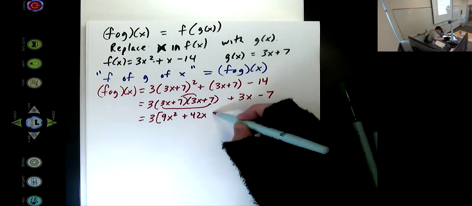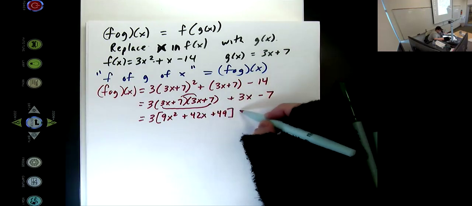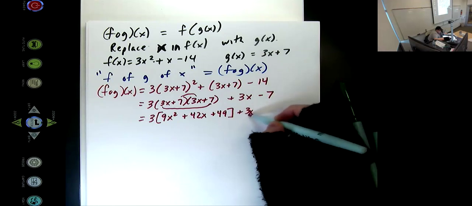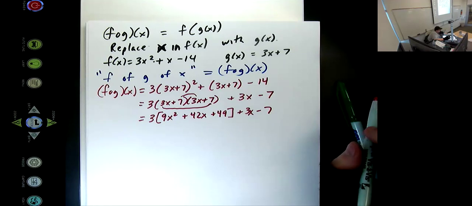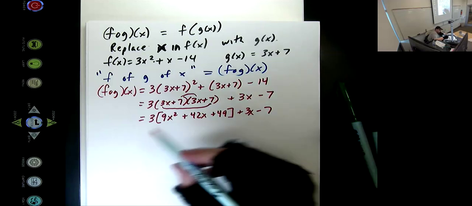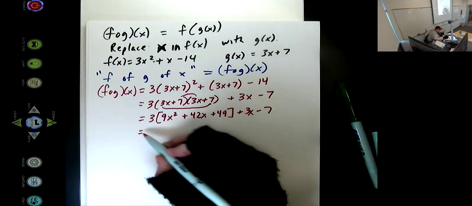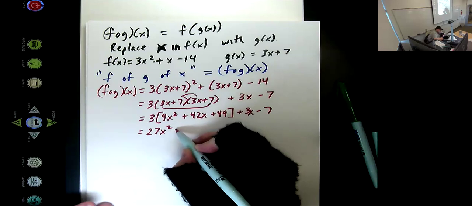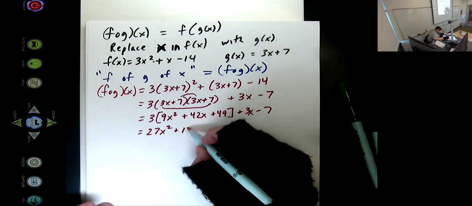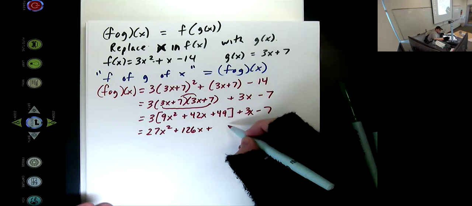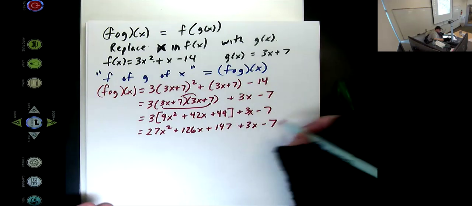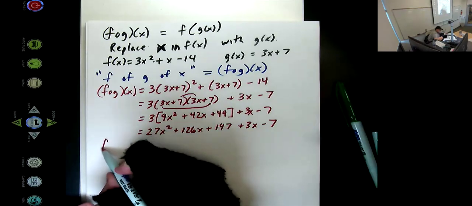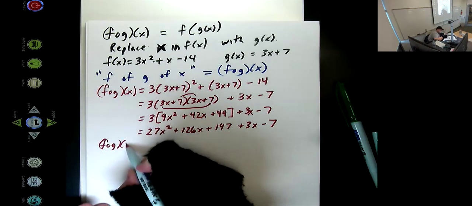And 7 times 7 is 49. I still have my plus 3x minus 7. If I distribute, finally I can combine like terms.